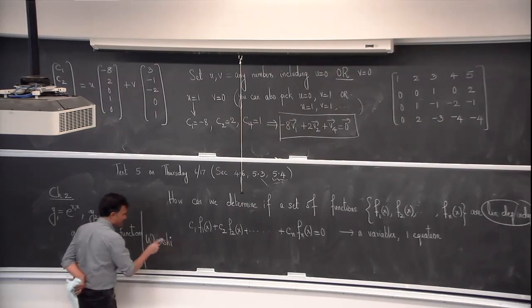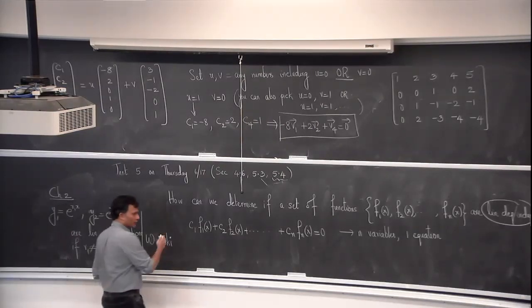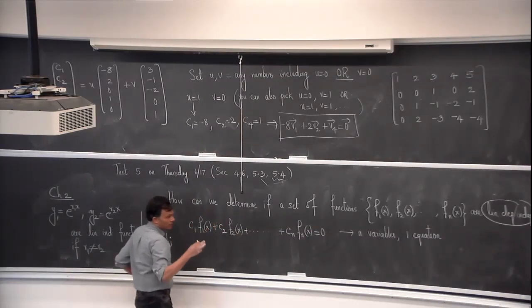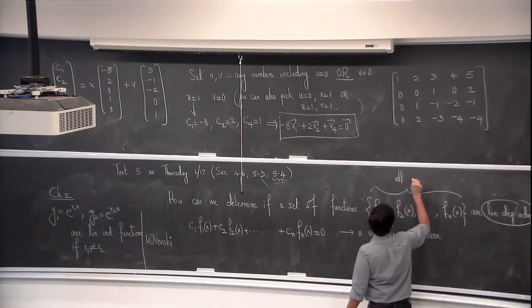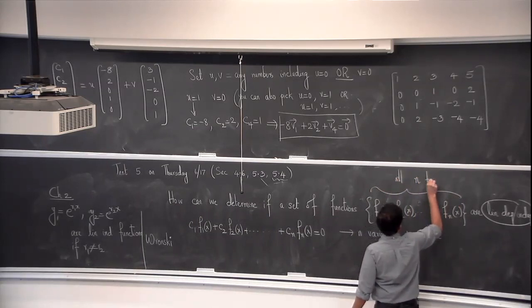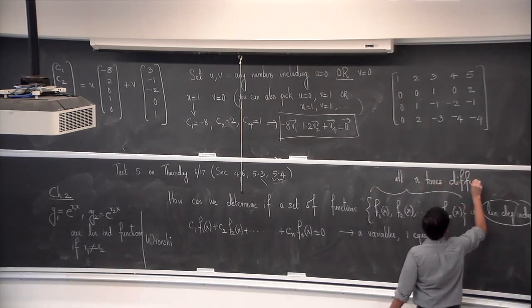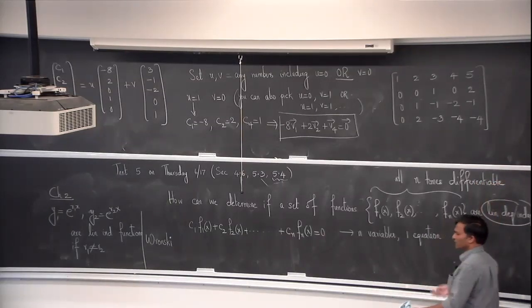You may have seen his name in chapter 2 if you glanced over sections 2.1 and 2.2. I didn't do it back then because it wouldn't make any sense. Why would this even be true? So what Wronskian did was take this equation and take the derivative from left to right, assuming that these functions are all n times differentiable, which means you could take the first derivative, second derivative, third derivative, and so on.